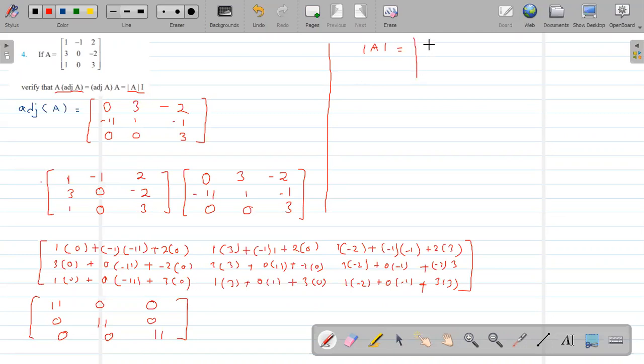So I will write like this: 1 3 1, -1 0 0, 2 -2 3. Here, how to find the determinant? First we will write the first element like this, and then we'll hide the row and column. So what is the remaining part? 0 0, -2 3.